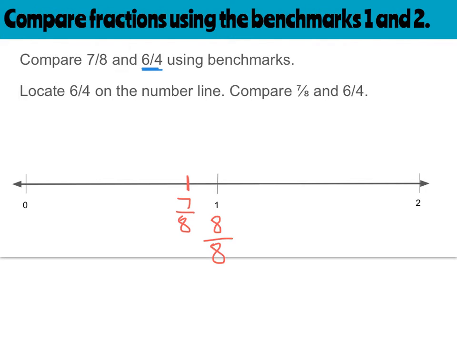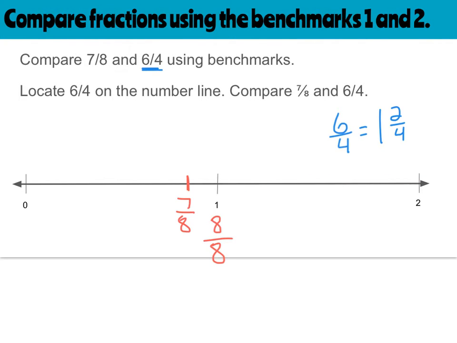Now, when I start thinking about 6/4, I know that it's greater than 1 whole, and I have to figure out how much greater. Well, in the previous problem, I found out that 6/4 was the same as 1 and 2/4. So I know it's definitely going to be past 1. It's going to be somewhere along this line between 1 and 2.